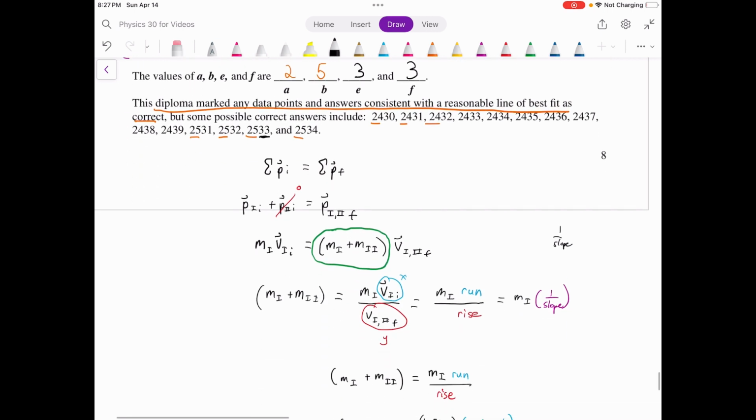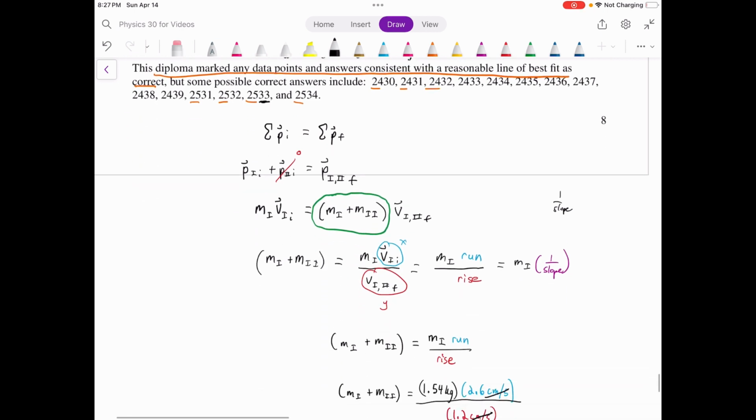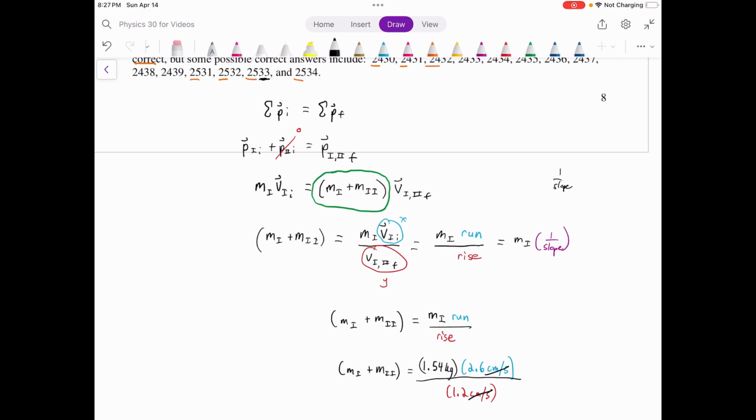Now, again, I know that seems a little maybe intimidating at first, but notice, right? All I did there, I'll be honest with you, I'm a physics teacher. When I first did this question, I did not know that we were going to get to this point, right? I had no idea how the slope was actually going to be involved. But I started here. I said, I know the total initial momentum will equal the total final.